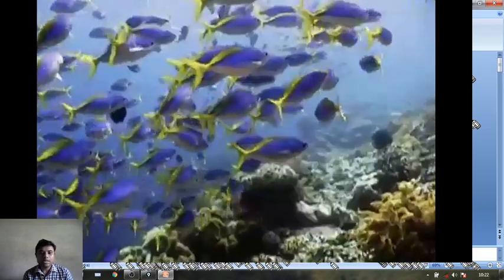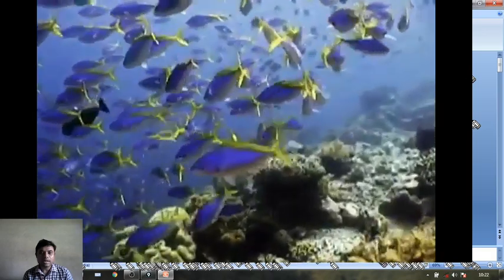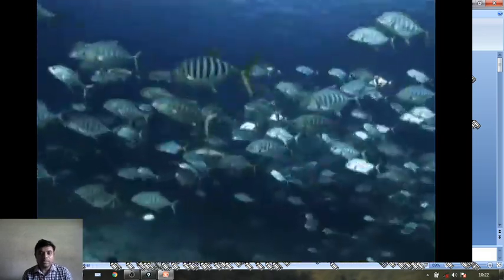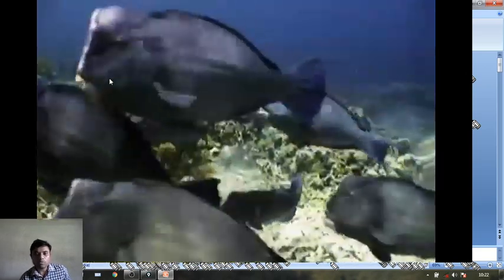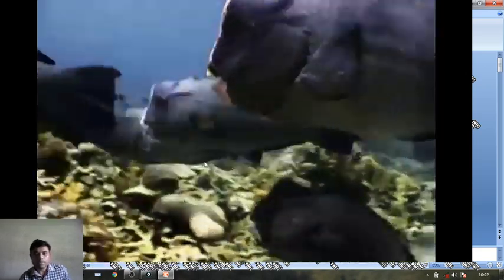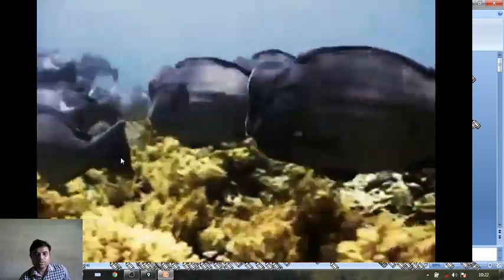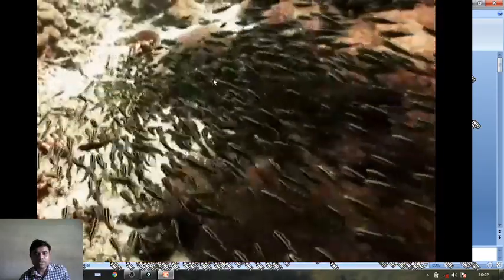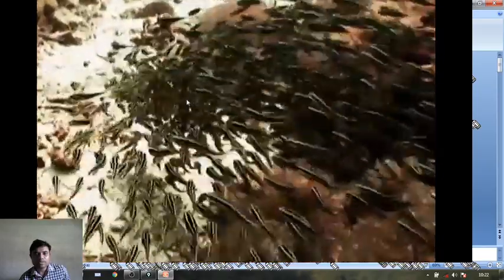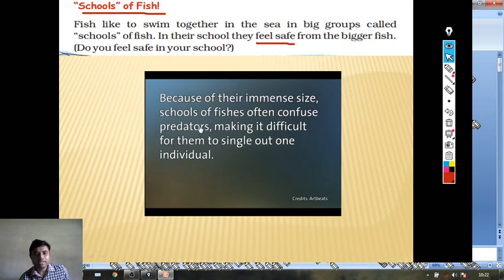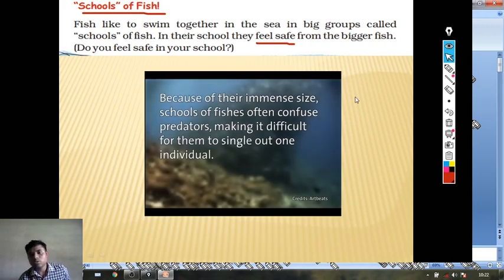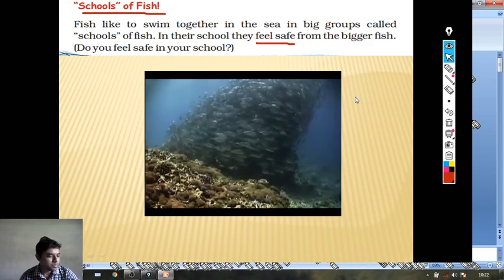They move like that, like a big fish. How beautiful the fishes are here. Have you seen these types of groups? Okay, is it clear?